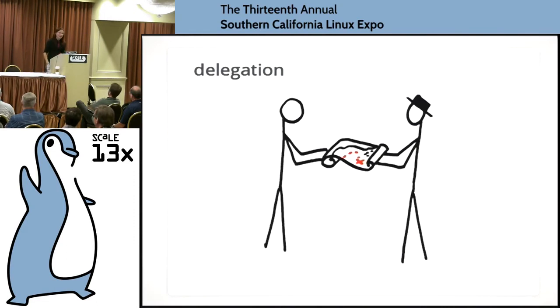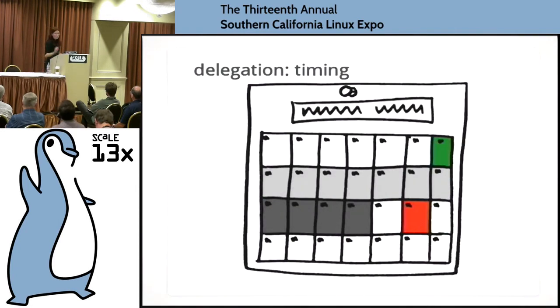Now, one of the strongest excuses against delegation that I've heard is, but it won't get done in time. There's a trick for timing when you're delegating tasks. So a task will have a deadline, like I've marked it there in red. A task will have a window in which, if you just really went campaign mode, pulled all-nighters, you could get it done.